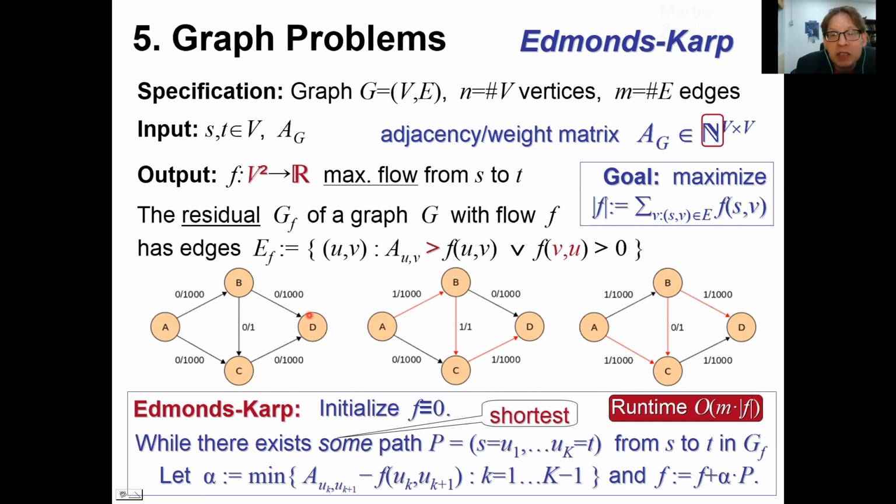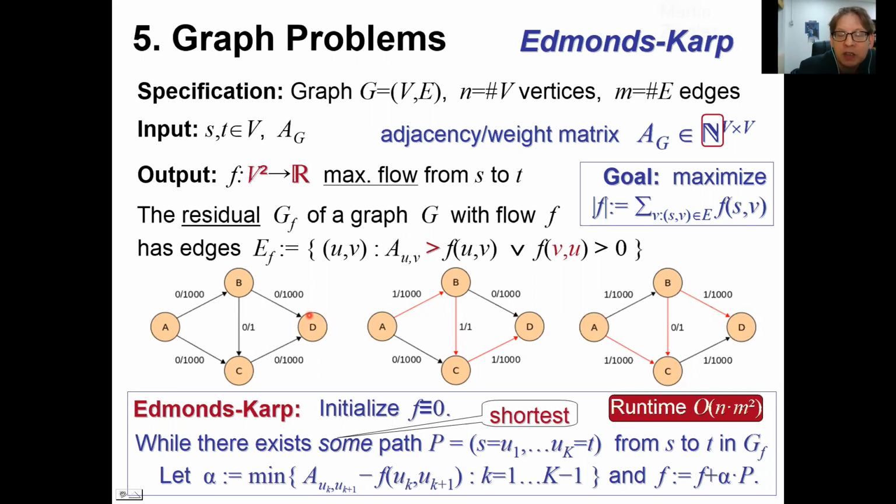And at least in our example, this seems to accelerate drastically the number of iterations. And one can prove that the Edmonds-Karp variant of Ford-Fulkerson indeed has running time which is finally polynomial in the input parameters and not exponential anymore.